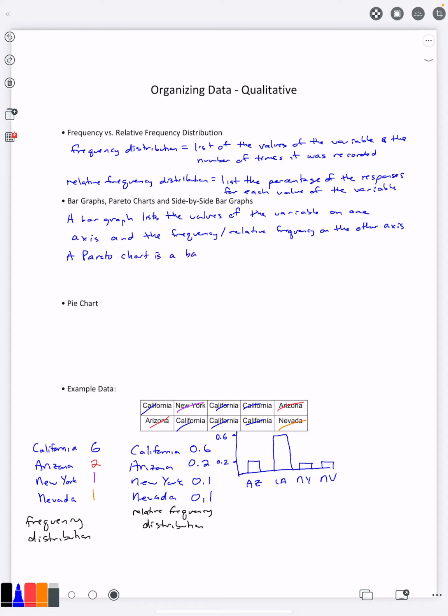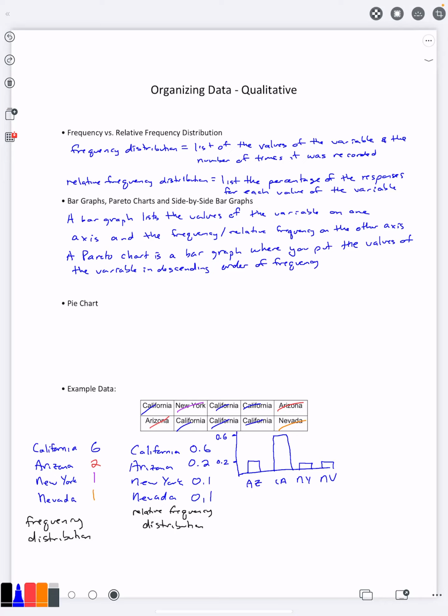is a bar graph where you put the values of the variable in descending order of frequency.